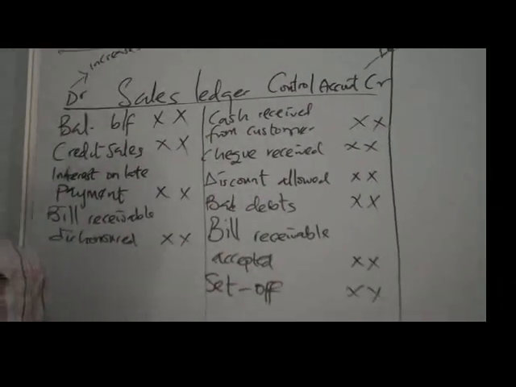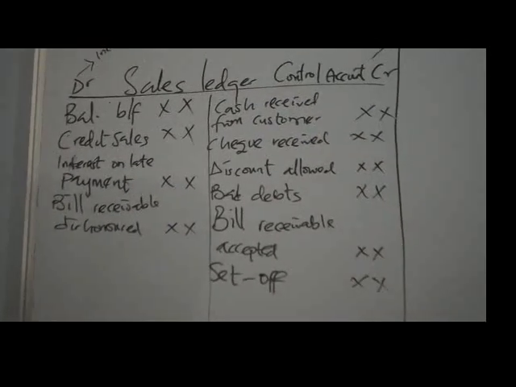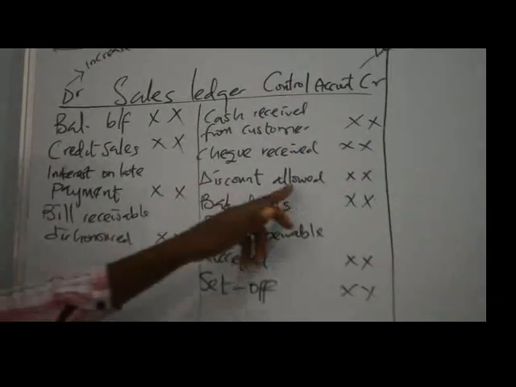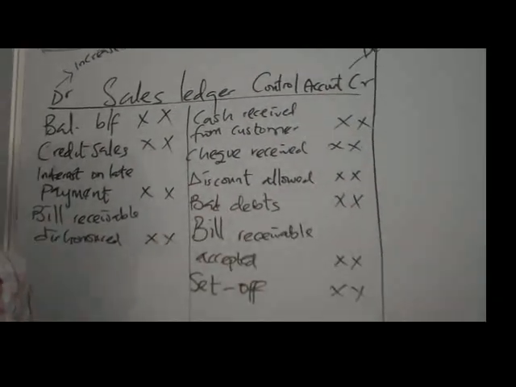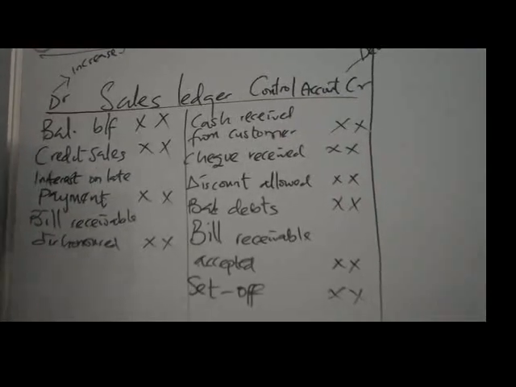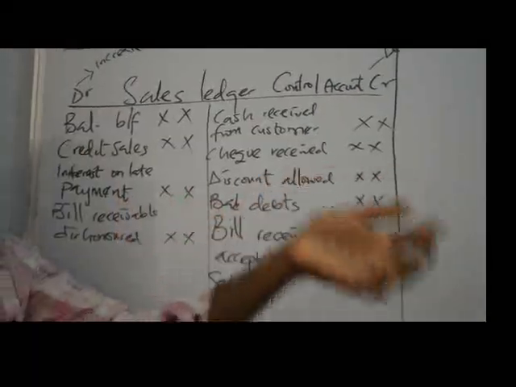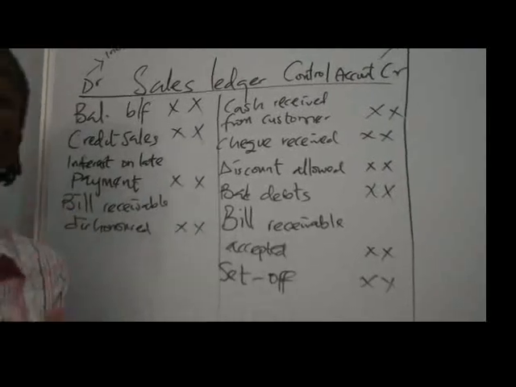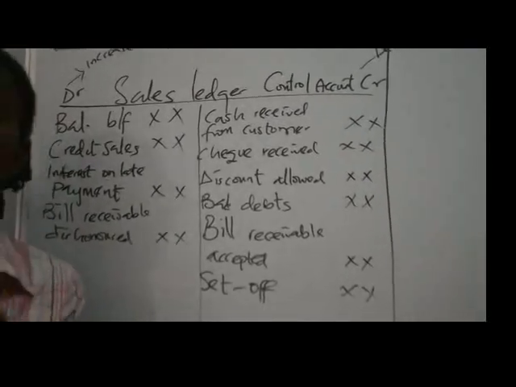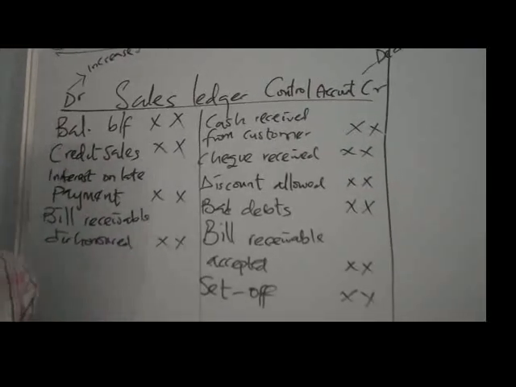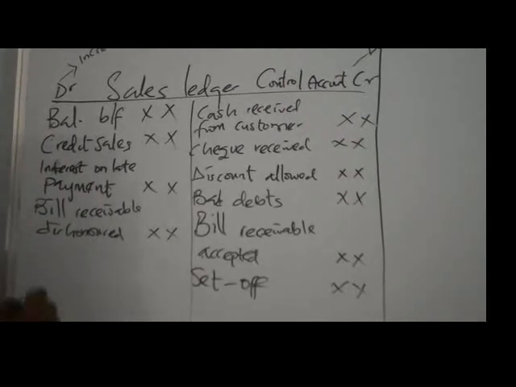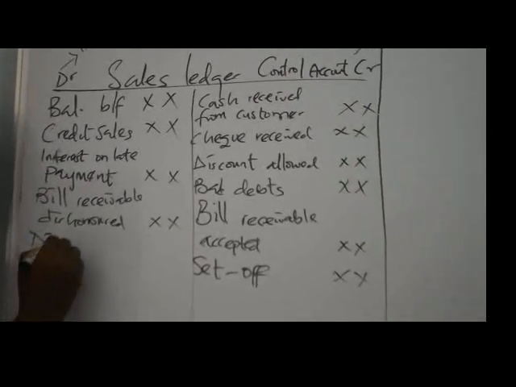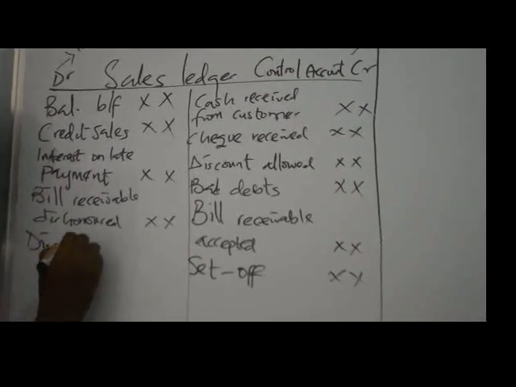So in that case, there are other things, like I said, we have discount allowed, we also have discount disallowed. Maybe the business gave out discount to a customer, and for one reason or the other the discount was cancelled, maybe due to late payment. Are we together? So discount disallowed will also increase their debt.